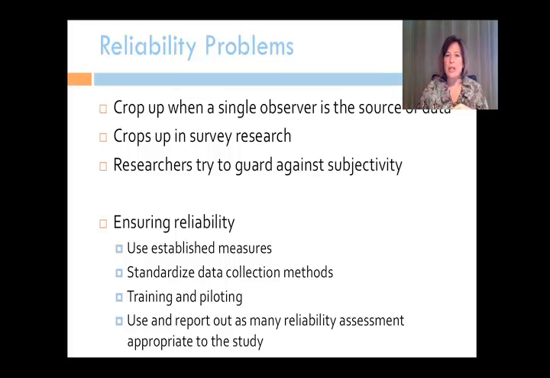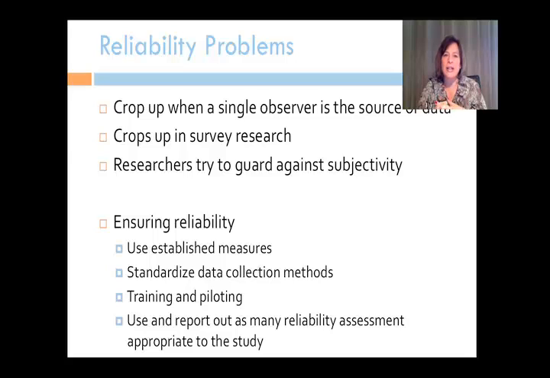But another person, if it's not clearly defined, would not have the same understanding of what you're asking for. That's the way reliability problems can crop up in survey research.